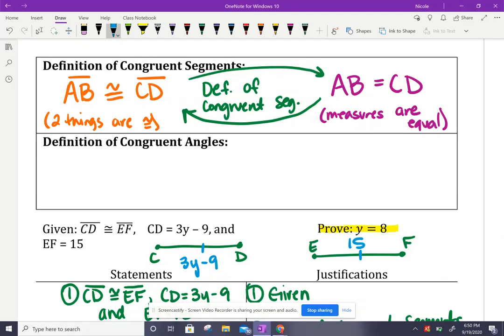Now, similarly, we have a version of this for the definition of congruent angles.